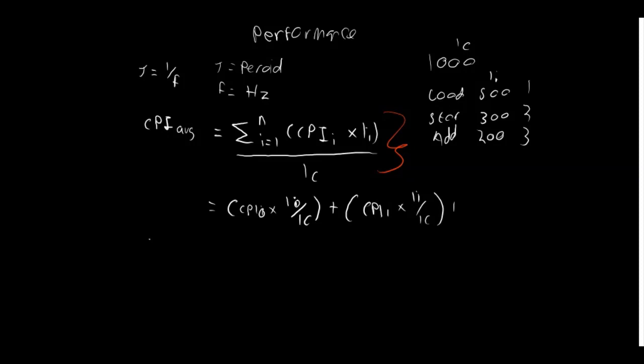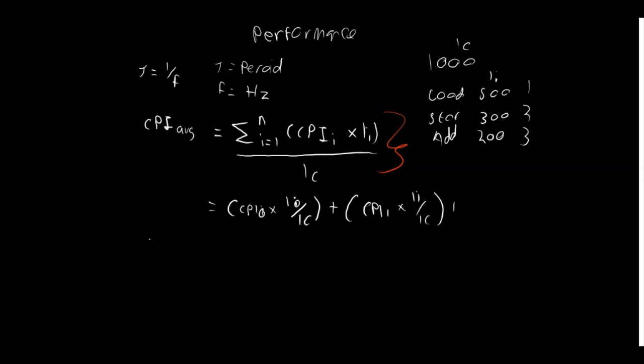So just to break it down: for each of our instructions, we take that instruction's CPI times the fraction of how many times that instruction appears in our entire code over all the instructions in our code, and then we repeat that for every instruction that we have. This is all that means.